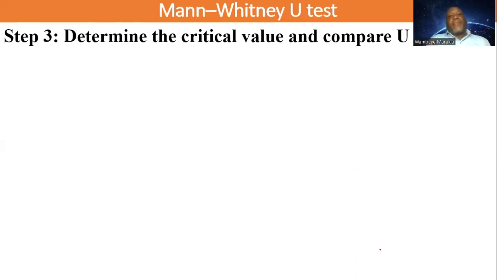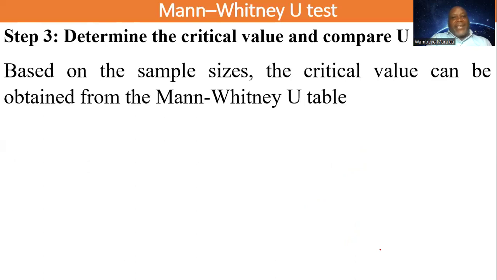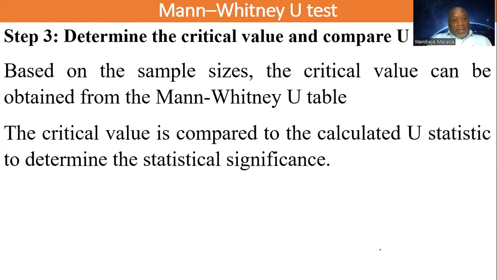Now, step number 3, we determine the critical value and compare it with the U we have calculated. We get the critical values from the Mann-Whitney U tables, and we compare this critical value with the one we have calculated.